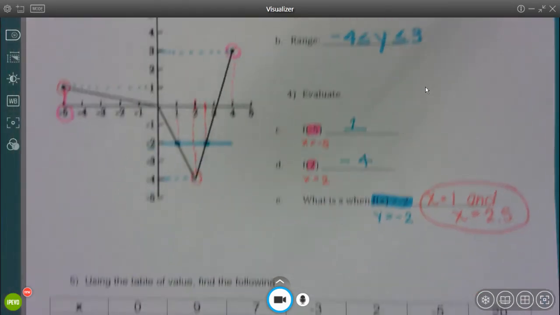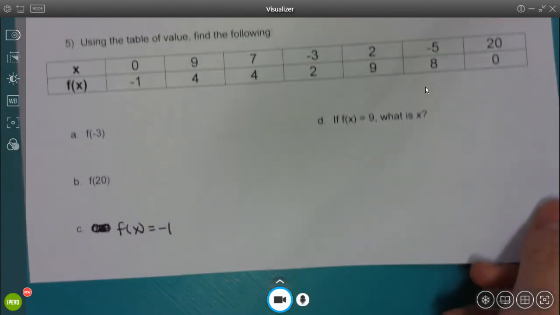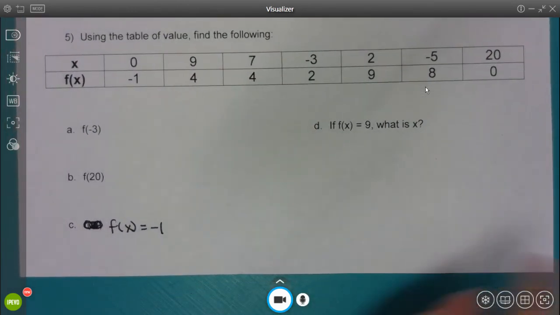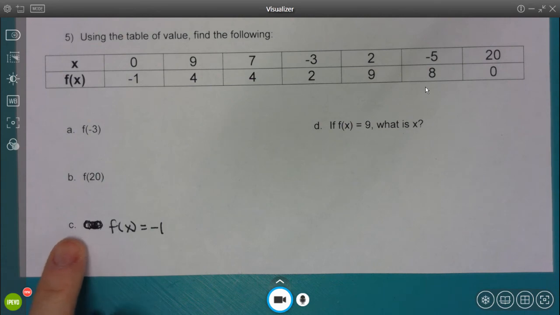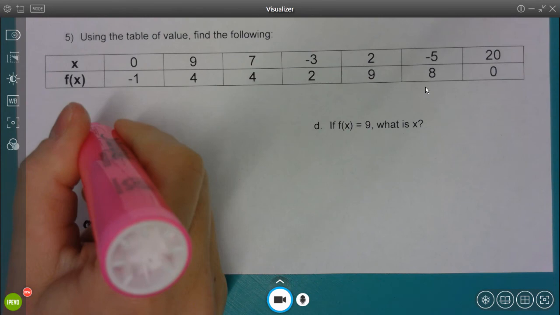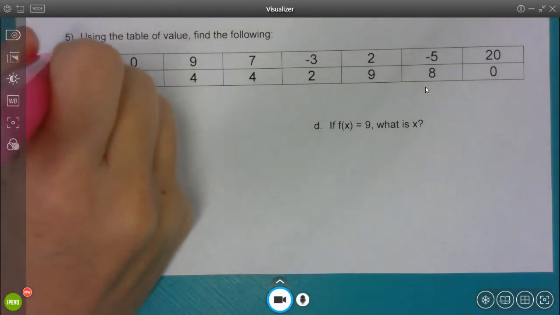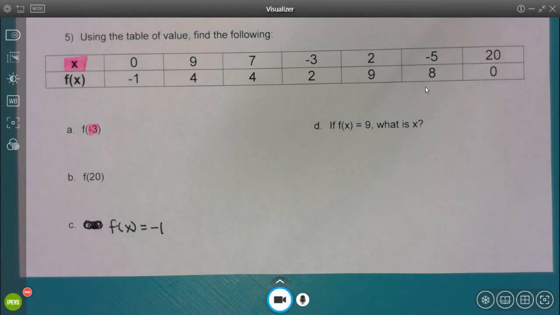All right, last but not least, we're going to look at what happens in a table. There was a typo, so go ahead and change part C to say f of x equals -1. Here, -3 is an input value. So if I have an input value, I need to look in my x row.